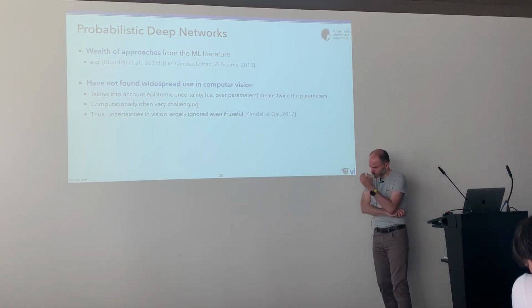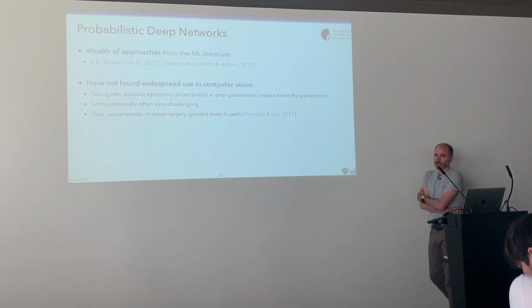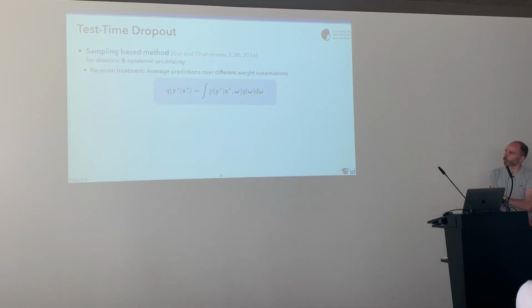But it turns out they can actually be taken care of. One of the things that was proposed some years ago by Yarin Gal and Zoubin Ghahramani is what they call MC dropout. I would call it test time dropout, basically the same thing.